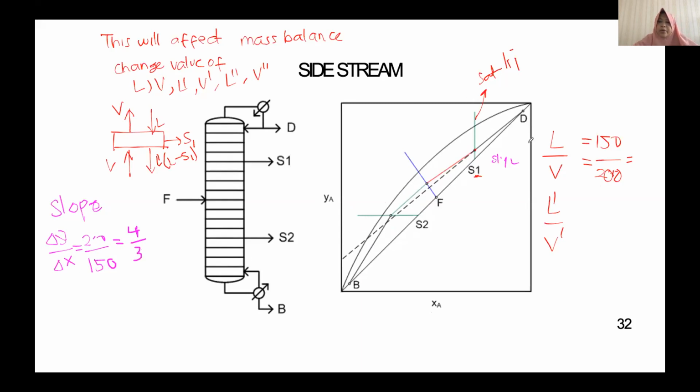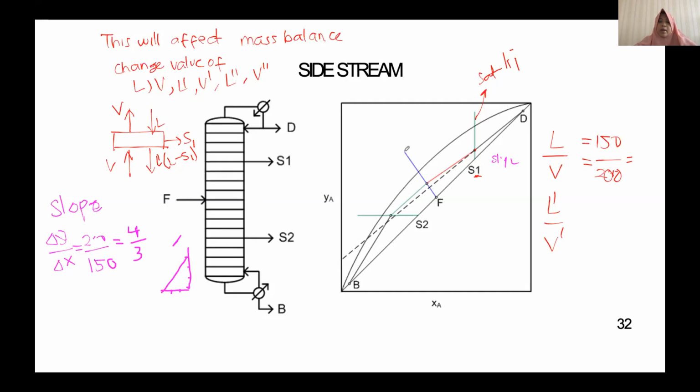Okay, so when you draw, the slope would be 1, 2, 3, 4 there, and 3 maybe here. So 1 scale. So in your paper, draw the slope like this. Yeah, this is the slope.